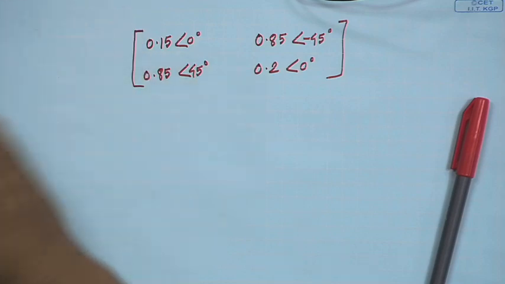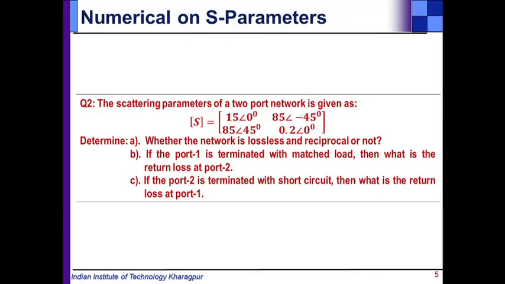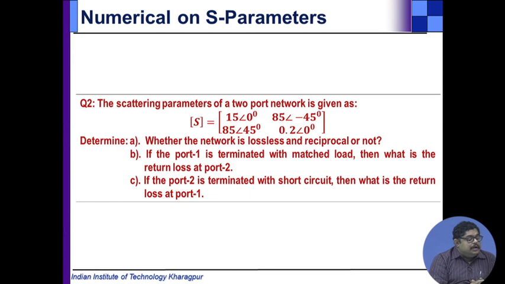So, a two port network scattering parameter is given. Now, determine whether the network is lossless and reciprocal or not.